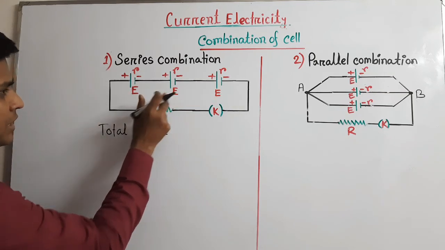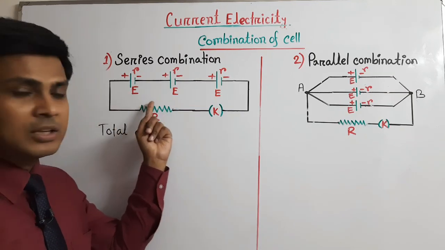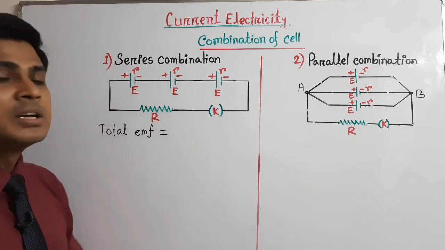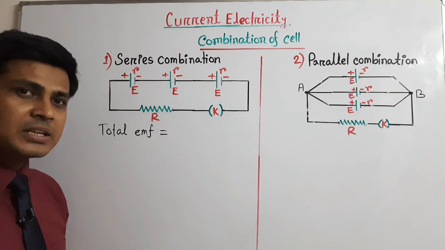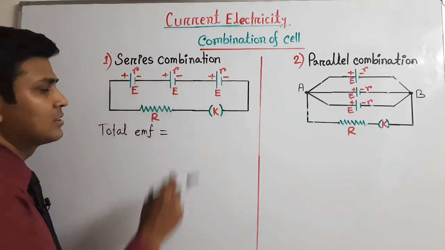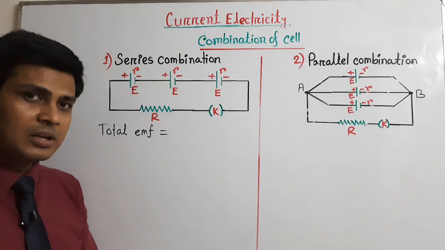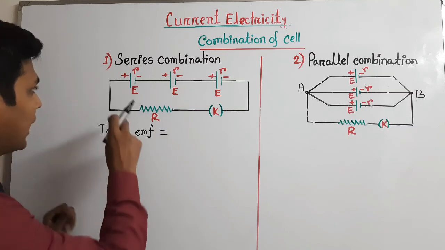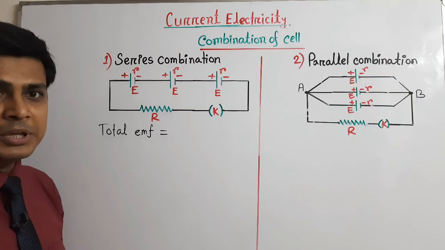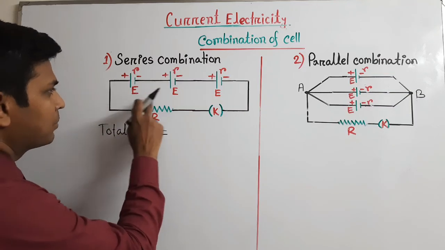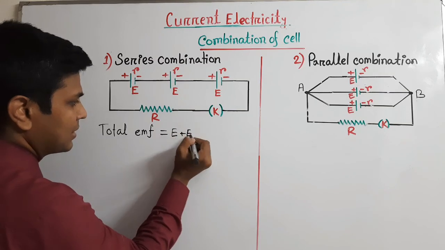Here we take three cells with electromotive force E, the electromotive force of each cell is the same, the internal resistance is small letter r, and the internal resistance of all the cells is equal, and here capital R is the external resistance. Now as these three cells are connected in series, the total EMF will be E plus E plus E.